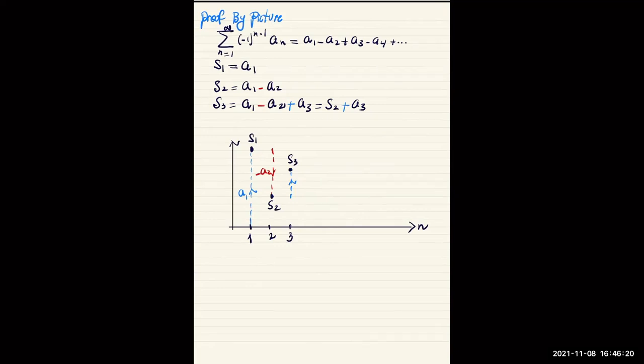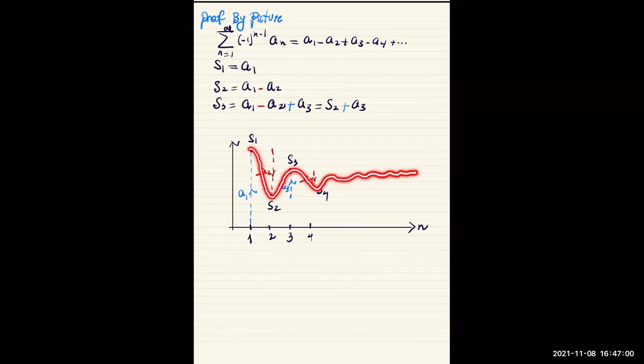Likewise, S sub 4 is going down from S3 by A4. Go down, subtract A4, and that will put you at S4. So again, you see some sort of finite n behavior.